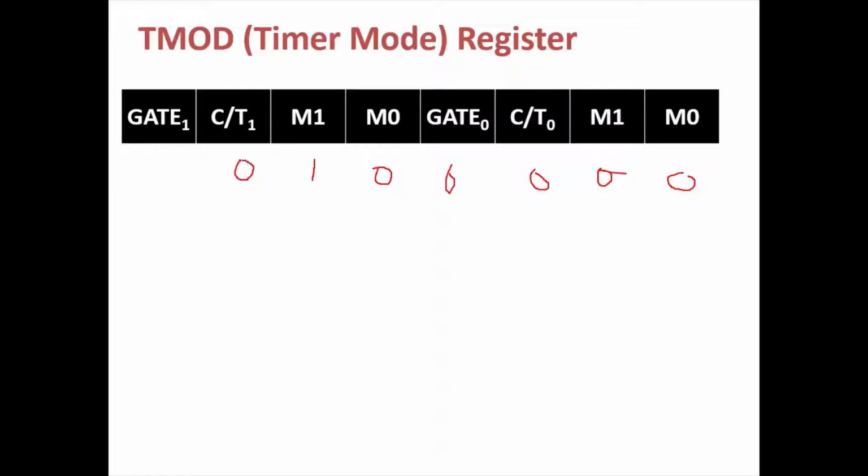This configures the timer as a timer, and the gate bit decides whether the timer is controlled by instructions alone or by instructions as well as some external hardware. Now I want to control the timer through the program, that is, instructions, so I will make the gate bit 0. Form groups of 4 bits.